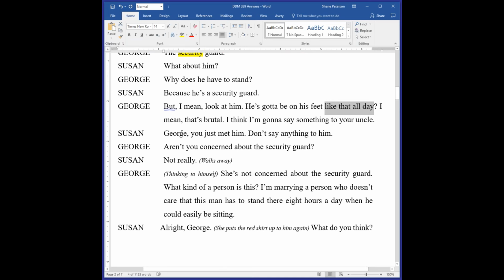George, you just met him. Don't say anything to him. Aren't you concerned about the security guard? Not really. She's not concerned about the security guard. What kind of person is this? I'm marrying a person who doesn't care that this man has to stand there 8 hours a day when he could easily be sitting.